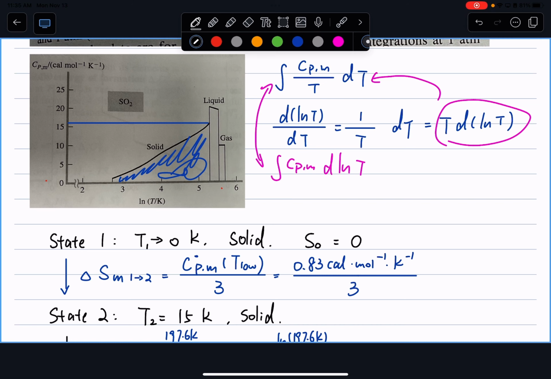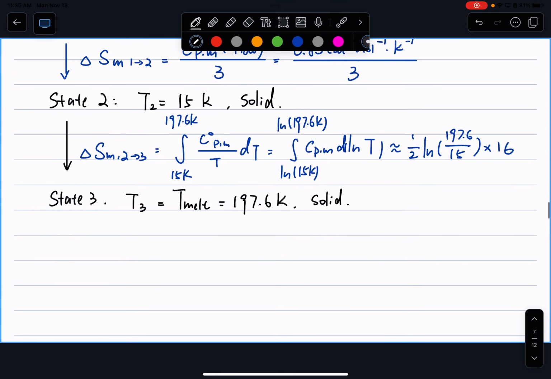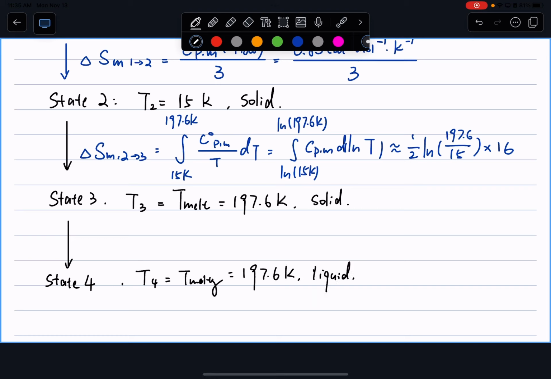The next step is the actual melting, or the phase change. So going to state 4. So what do we want? We want the temperature to be again at the melting point, and it is now a liquid. The delta S of this process equals delta H melting over T melting.